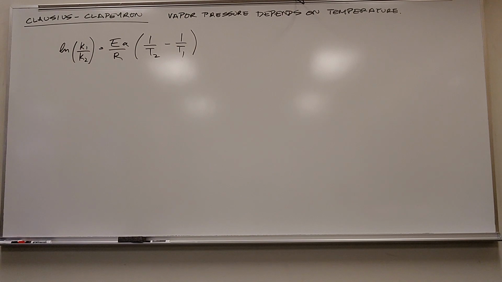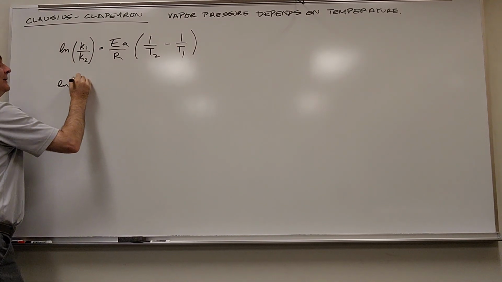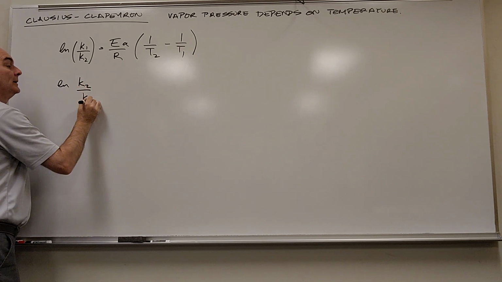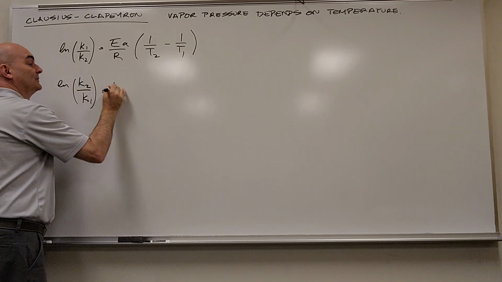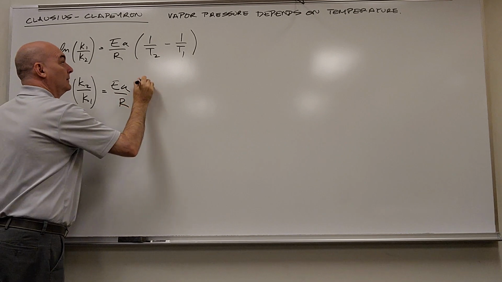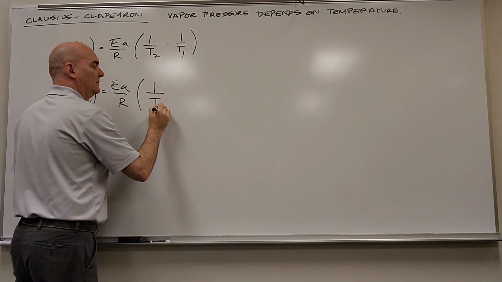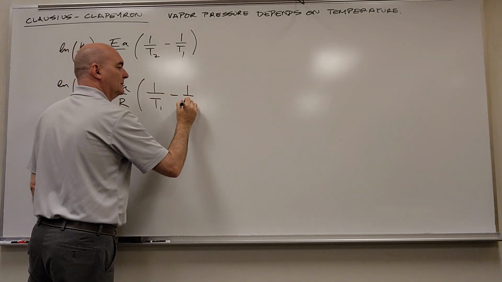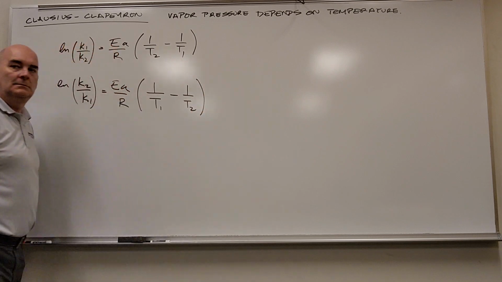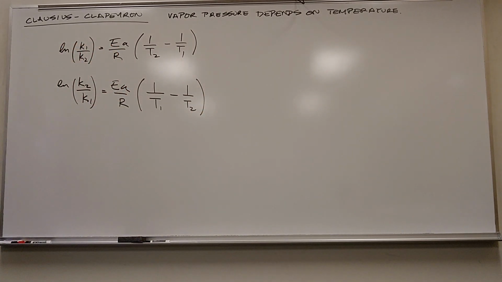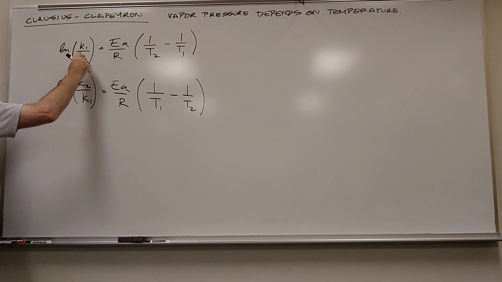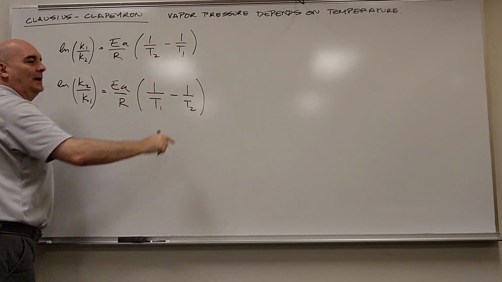Unless, well, we could flip it, that goes k2 over k1 equals Ea over R. And now this would flip also. Yeah. Or, what if I wanted 1 over 2 here and 1 and 2 there?